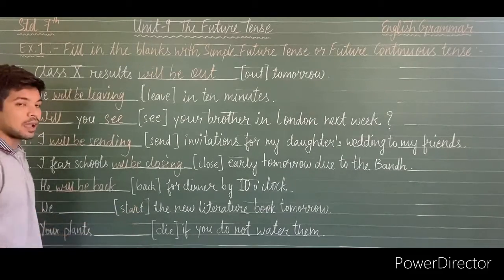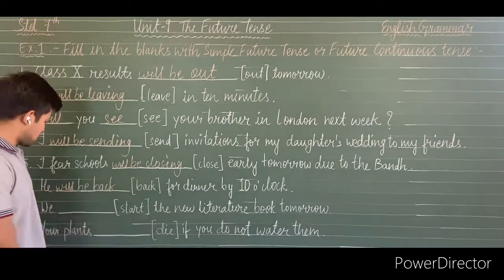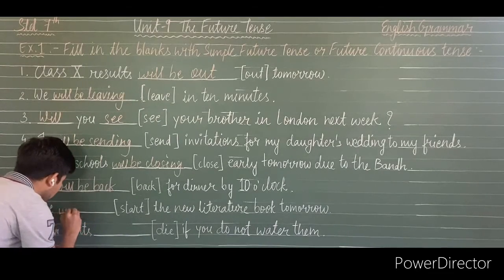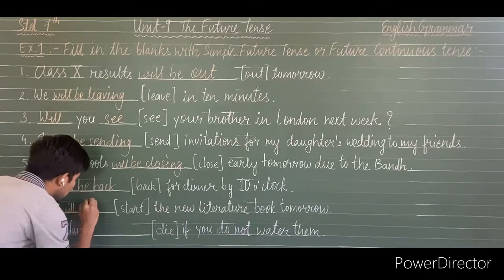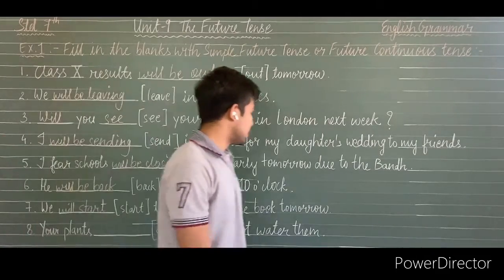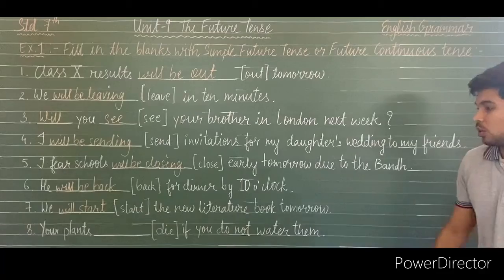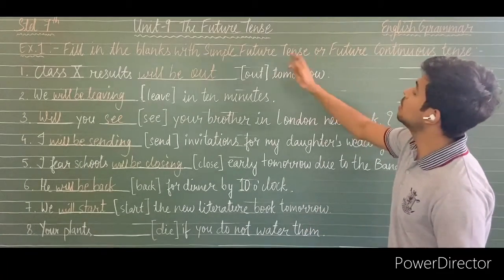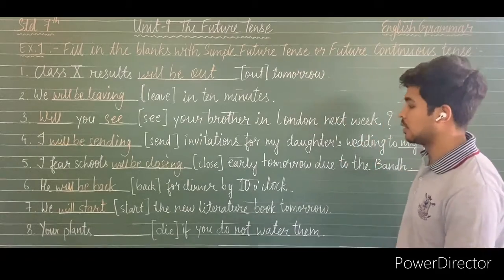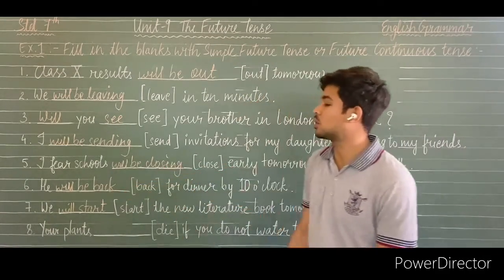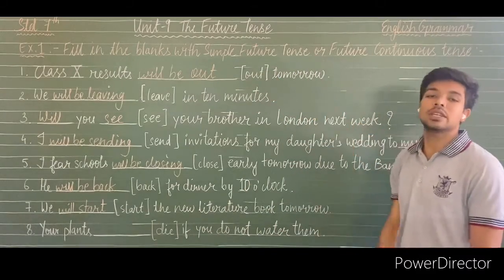In brackets we have start. So we will start the new literature book tomorrow, and this is in the simple future tense, and will be back was also in the simple future tense.